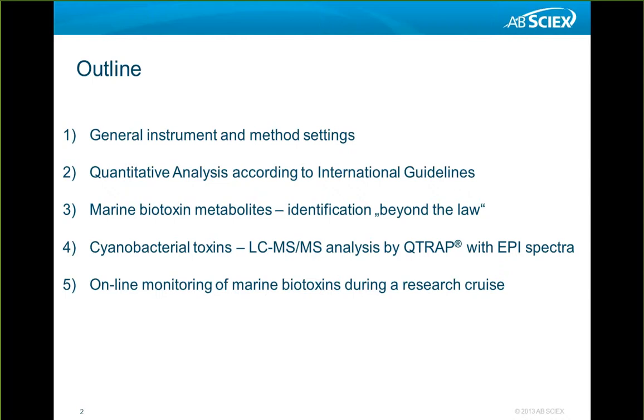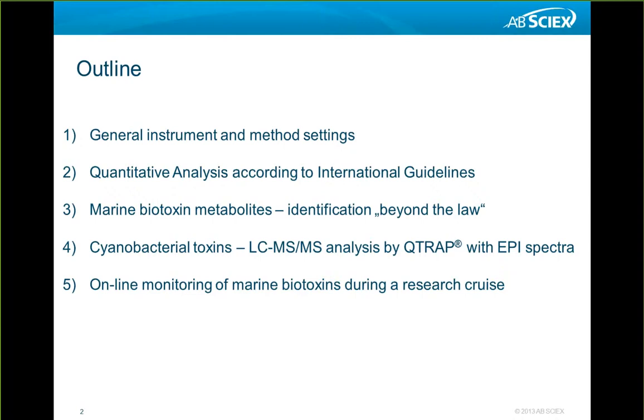Let me first start on the instrumentation side, looking at the application parameters. Then we are going to look quickly into the toxins itself, and have a look at the international guidelines, European, North American, and Asian regulations, which force us to analyze for those toxins. However, not only on the interest of research, we also have to have our eyes open for new substances, maybe some metabolites of these toxins, and that's why we have point number 3, a little bit beyond the law, maybe preparing ourselves for upcoming changes of regulations.